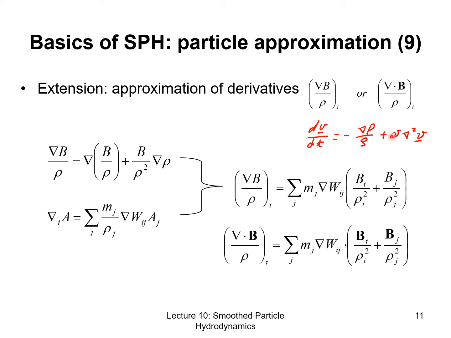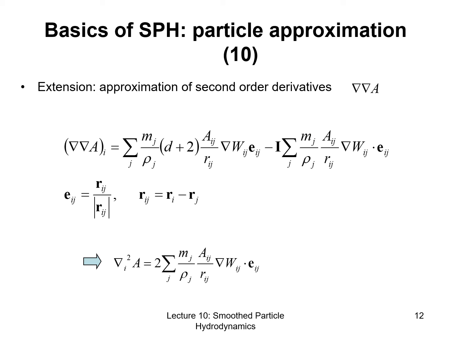For example, for the Navier-Stokes equation, we also need to approximate the Laplacian. The Laplacian of a variable here is more like the tensor form of the Laplacian, because it is a Laplacian of vectors.